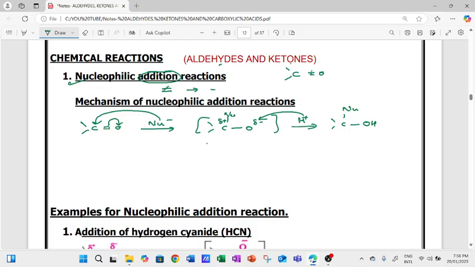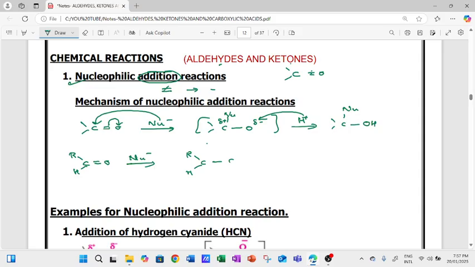If it is an aldehyde, one of the valencies is with the alkyl group, another valency with the hydrogen atom, and then C double bond O. The reaction proceeds in the same way: adding the nucleophile gives R, C, H, single bond O negative, and here the carbon with the nucleophile is the intermediate.